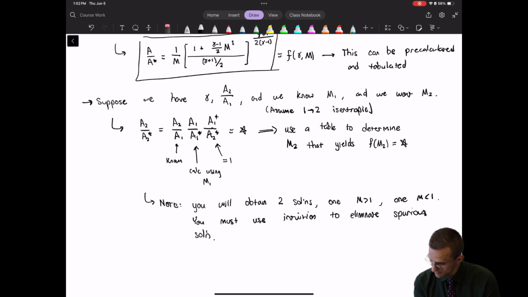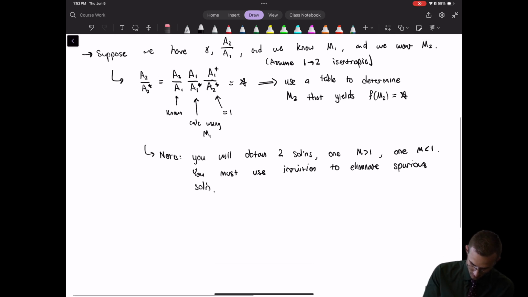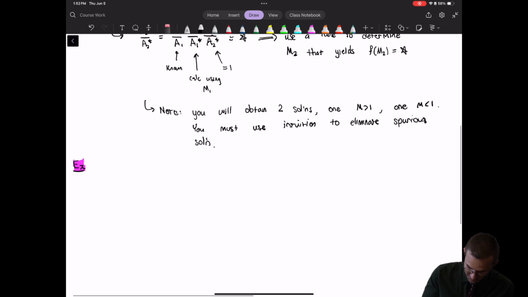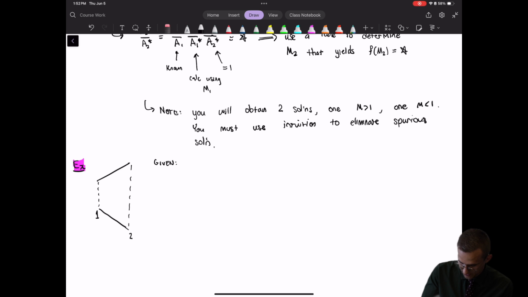Okay. So let's look at another example here that'll hopefully be a bit more concrete. So we're going to look at a diverging duct. So this is state 2, this is state 1. Okay, and we have the following given information, which is that A2 over A1 is equal to 5 over 2.